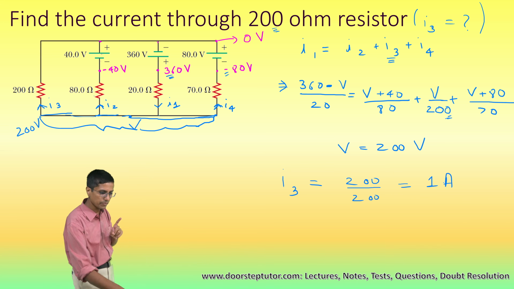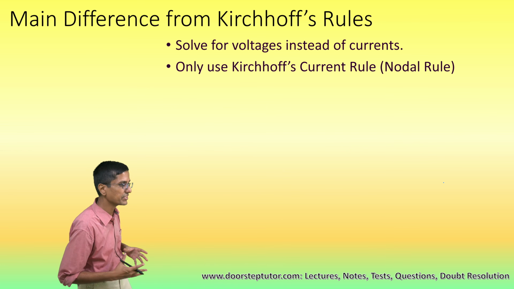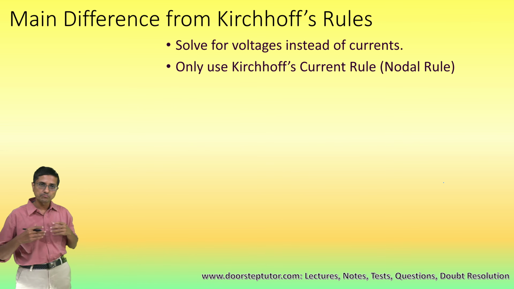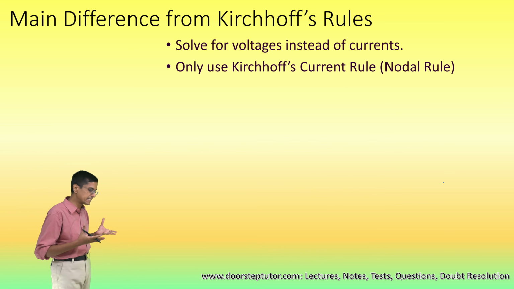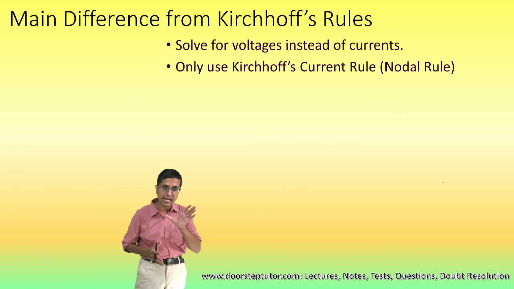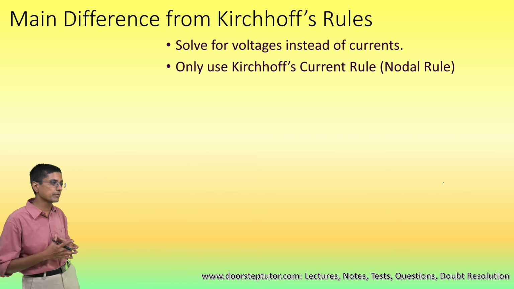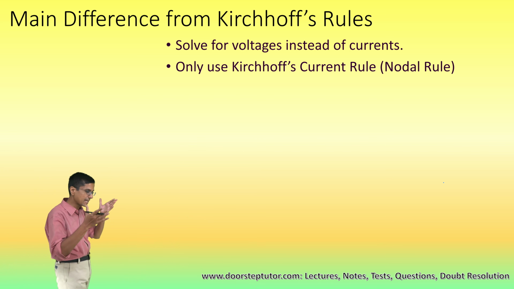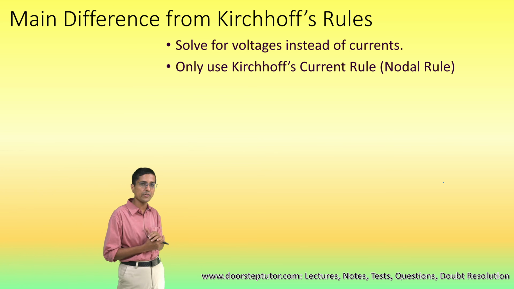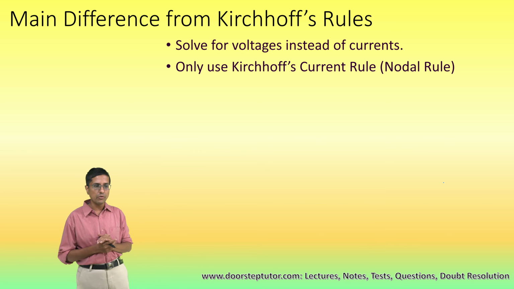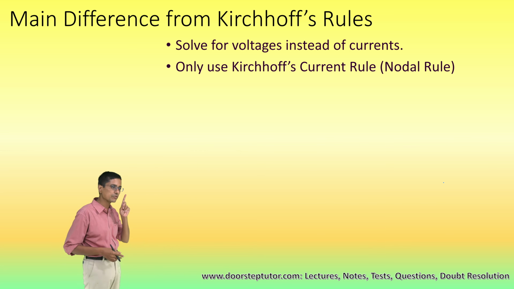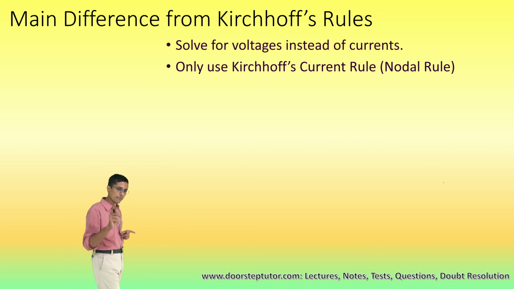So this would be our preferred method, because nodal voltage analysis yields fewer equations, most of the time a single equation which we need to solve, and the equation is also sometimes much simpler than the simultaneous equations that Kirchhoff rules yield us. What is the main difference? We are solving for voltages instead of currents.